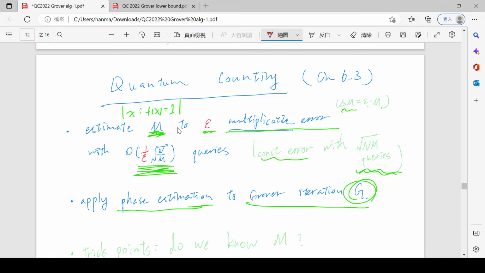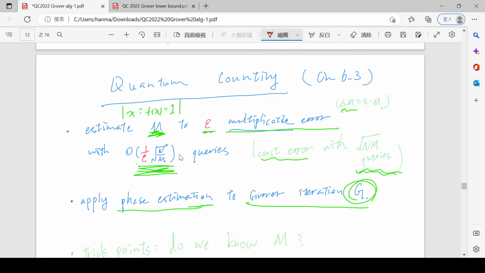Here we use this notation such that we have some multiplicative error epsilon on m. So if you want the additive error delta m, that's epsilon times m. And then, for example, if you want constant error, then you need square root of m queries.